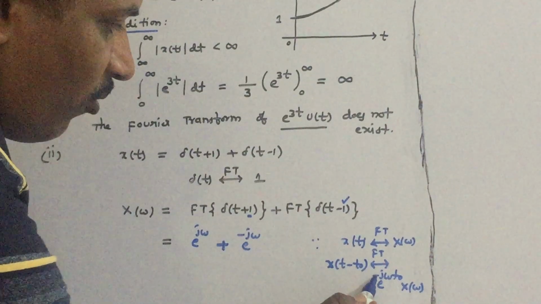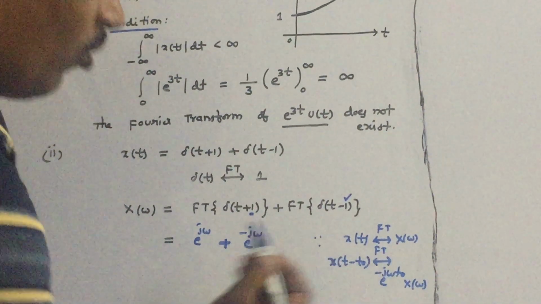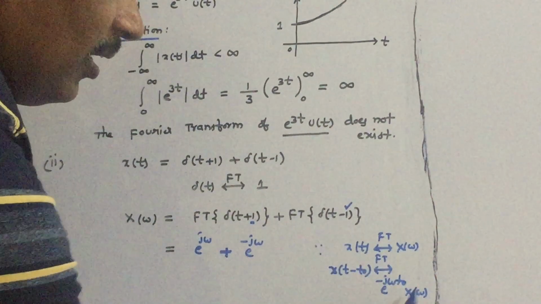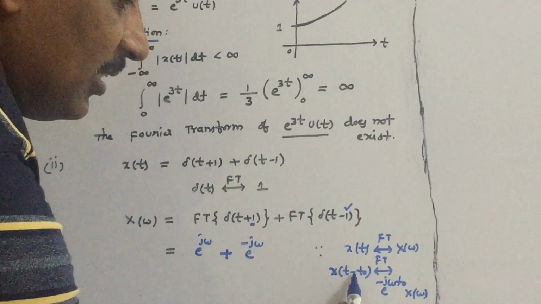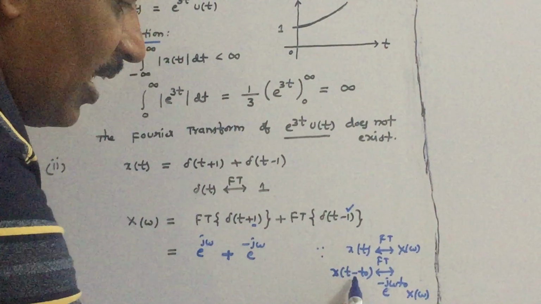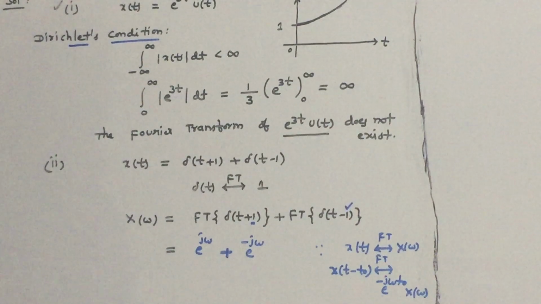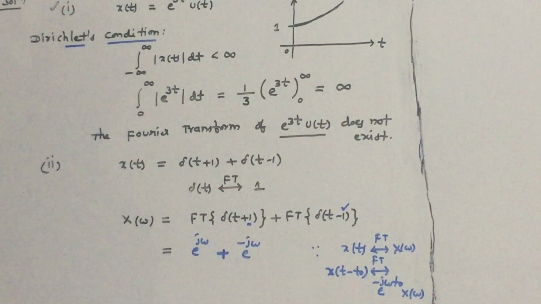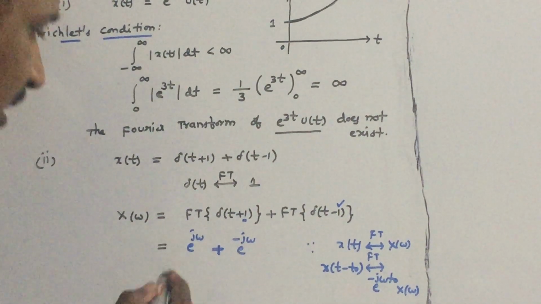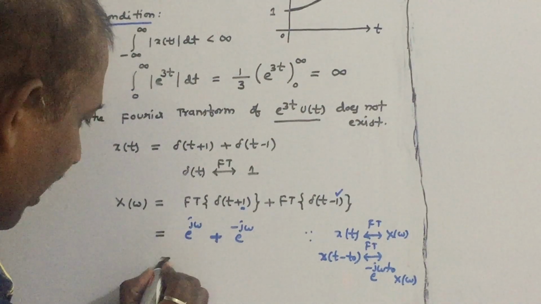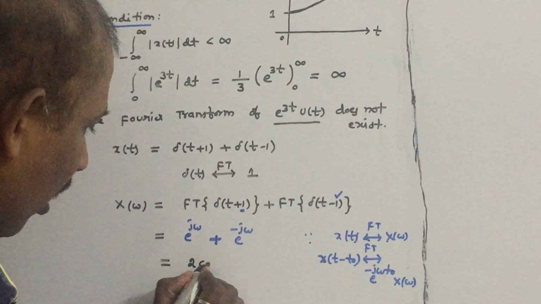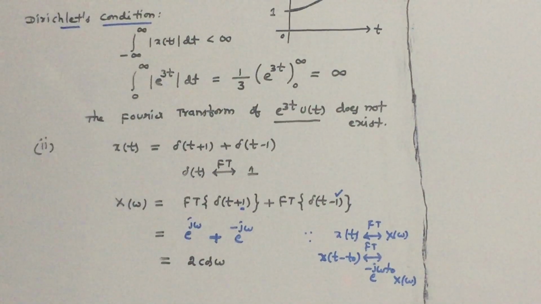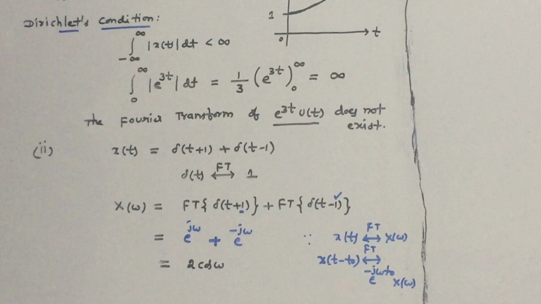If minus is there, you have to write minus. If plus is there, you have to write plus. So in the time shifting property, the hint is, if minus is there, keep minus. If plus is there, keep plus. That is the hint you have to remember in time shifting operation. So therefore, what is the answer for this? e power j omega plus e power minus j omega is 2 cos omega. So this is the answer for this simple problem.